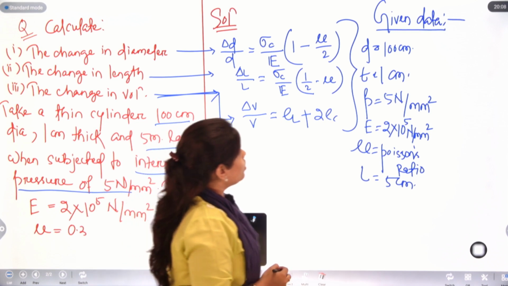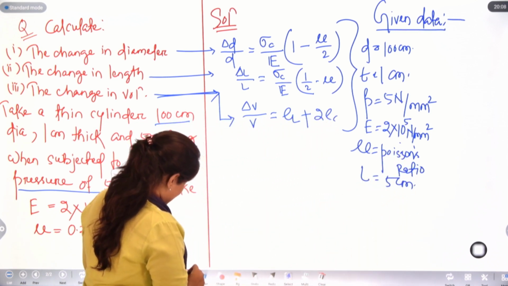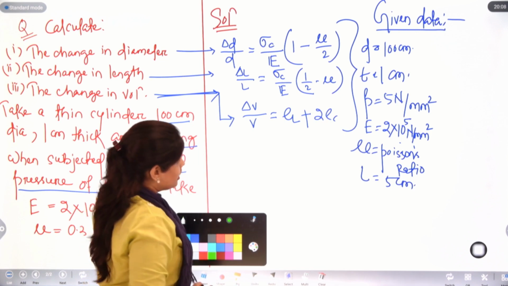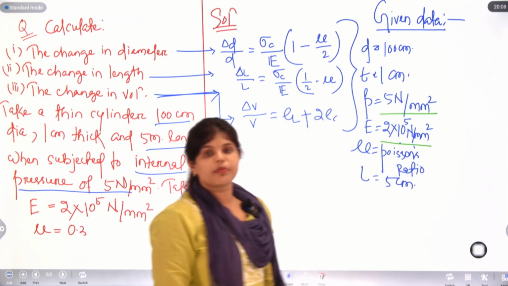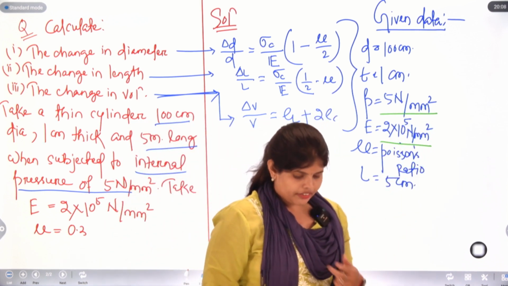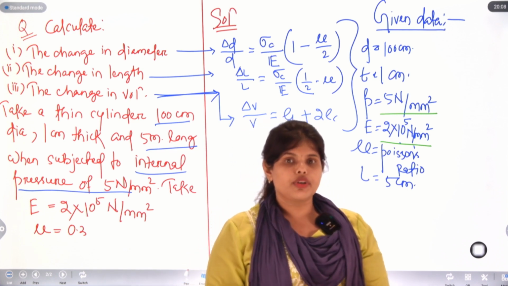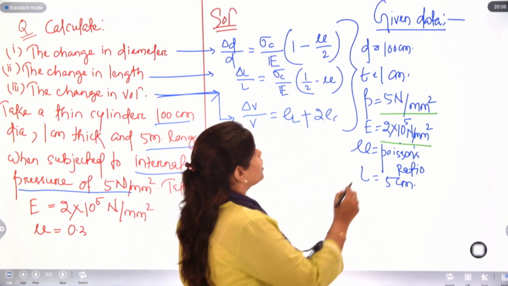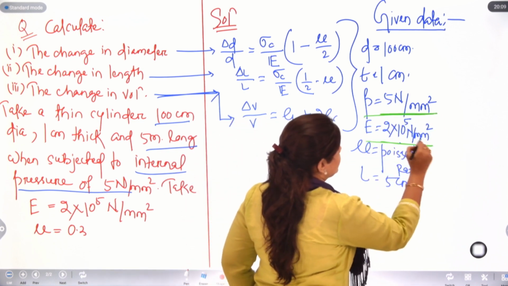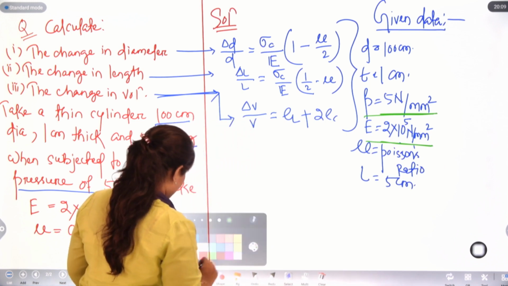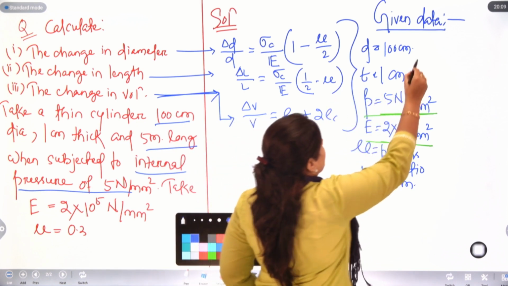We can see here E and P are in Newton per mm square. Before solving any numerical in case of SOM or in civil engineering, you need to focus on units. Here the unit is Newton per mm square, so we need to convert all the centimeters to mm.